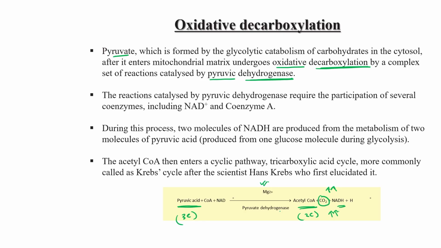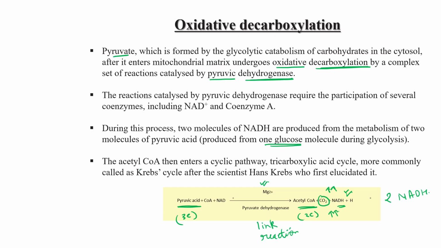This reaction acts as a link reaction, because it acts as a link between glycolysis and the Krebs cycle. So 1 molecule of pyruvate generates 1 molecule of NADH. So 2 molecules have been generated from 1 glucose. In total, we can say 2 molecules of NADH have been generated during the metabolism of 1 glucose molecule.